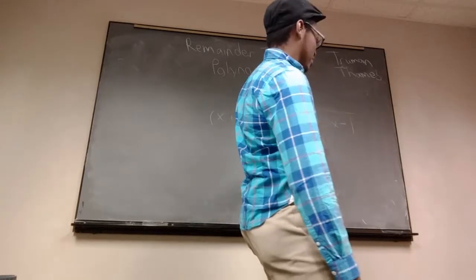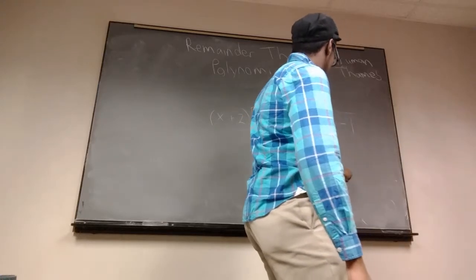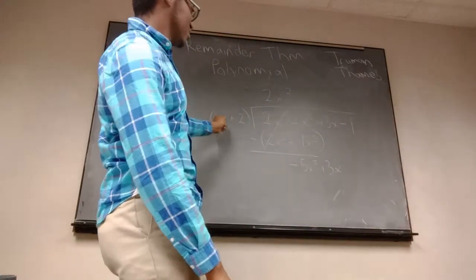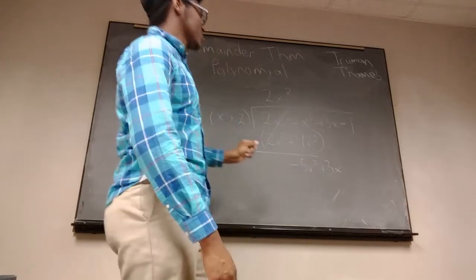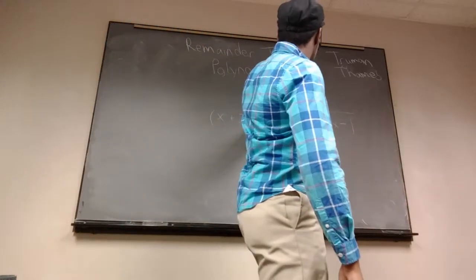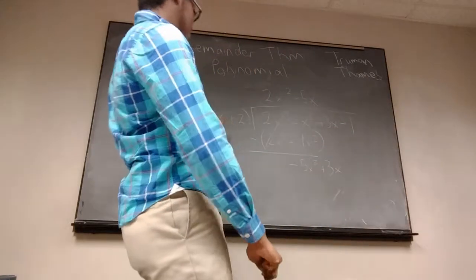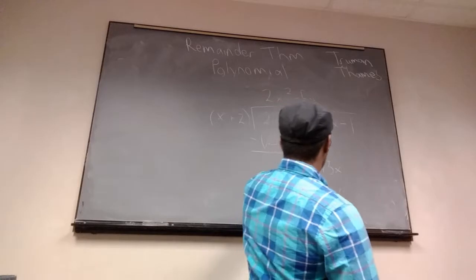And we bring down our next term, plus 3x. And we want to know how many times x goes into minus 5x squared. Minus 5x times. So we multiply minus 5x times x plus 2 and subtract it away from this.